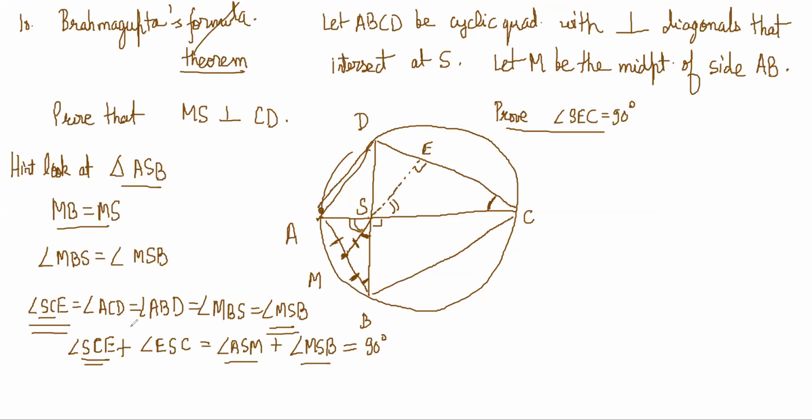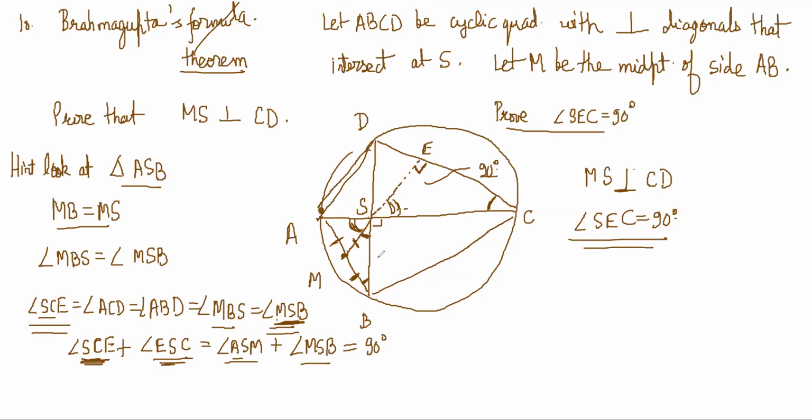So ESC is equal to ASM, and this plus this is 90. So you have proved that MS is perpendicular to CD, because angle SEC is 90.